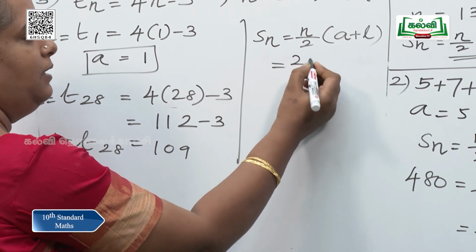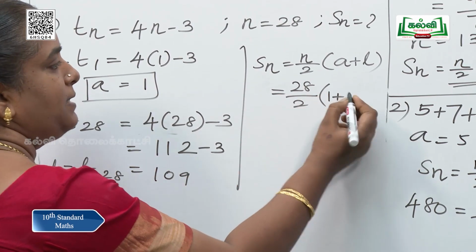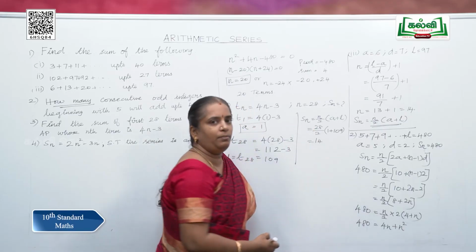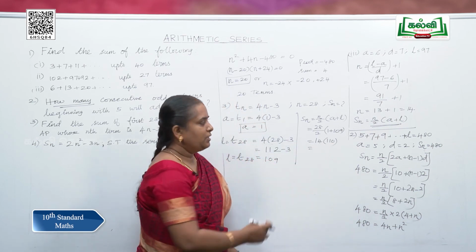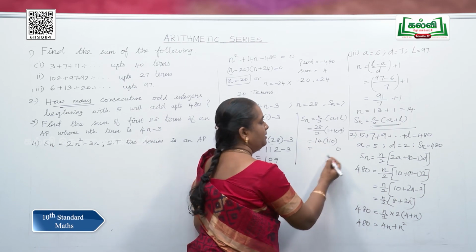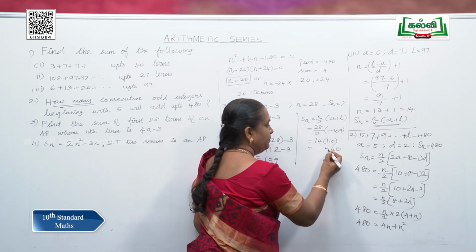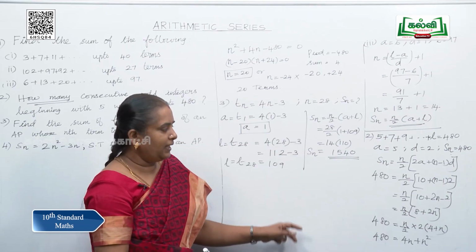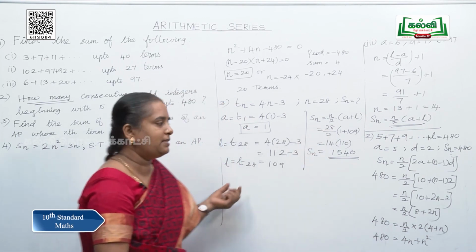So what is n? 28 by 2 into A is 1 plus L. What is L? 109. So cancelling we get 14, adding we get, yes, 110. So multiply 14 into 110. So multiply by 11, which is easier. Yes, 4, 5, 1. So the answer is 1540. So it is the sum of n terms, that is 28 terms, of this AP.